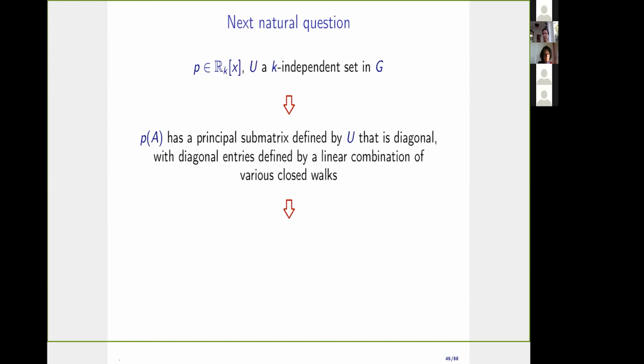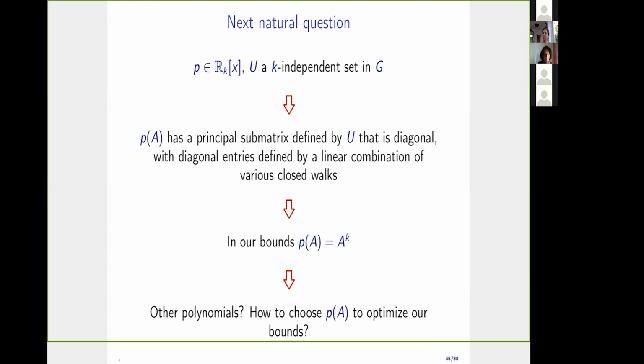So our bounds were just depending on these linear combinations of closed walks of a graph, which actually depends also on the spectrum. In our particular bounds, we just prove that p(A) is A to the power of k, but you could consider, what happens if you take a different linear combination of powers of the adjacency matrix? Can we push these bounds further? And obviously the answer is yes. Can we find other polynomials that improve these bounds? And the answer is indeed yes.